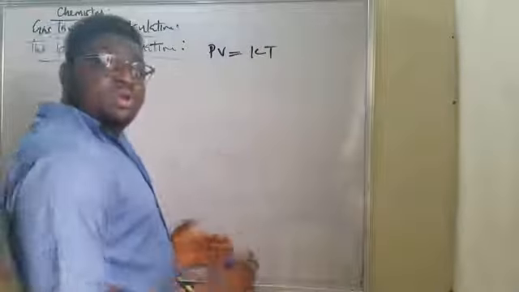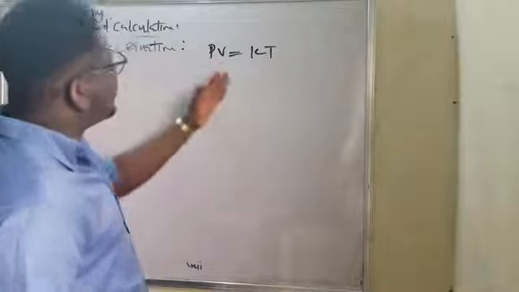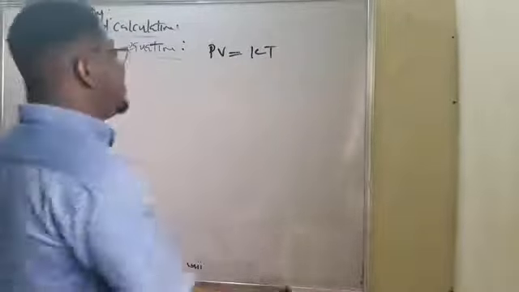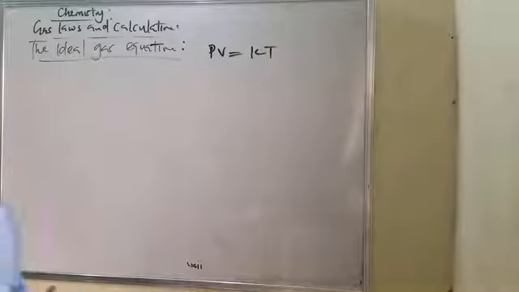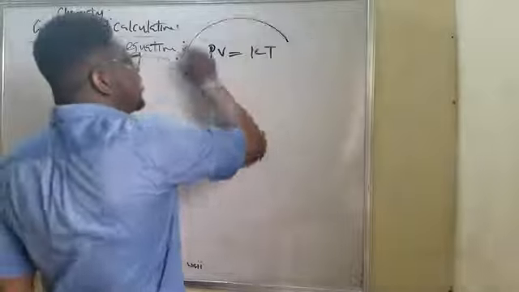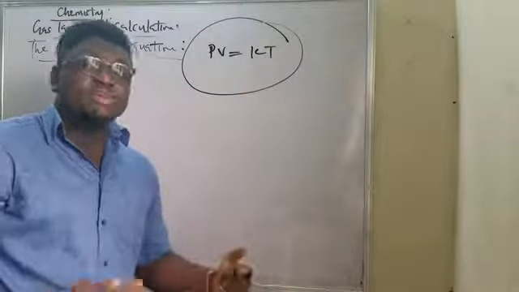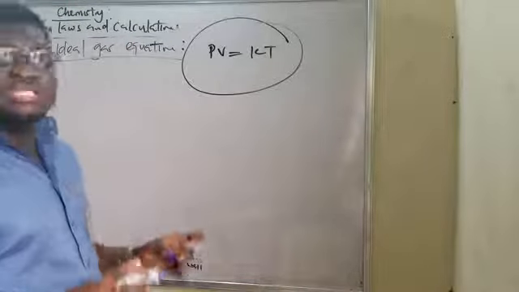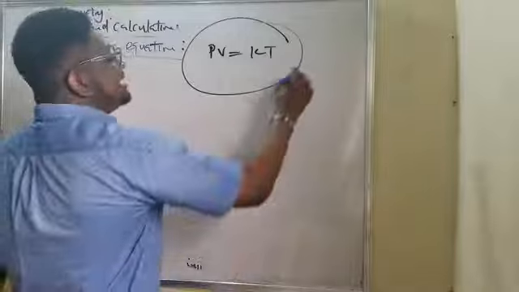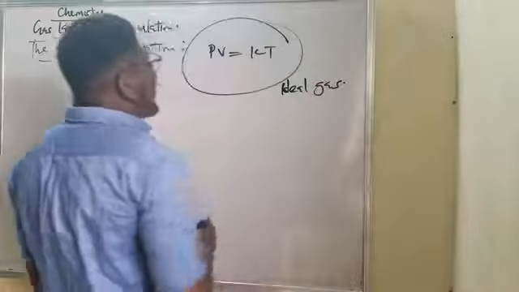This was gotten from a combination of our Boyle's law and our Charles' law, where K is our proportionality constant. Any gas that conforms to this equation, with the temperature and pressure kept constant, is known as an ideal gas.